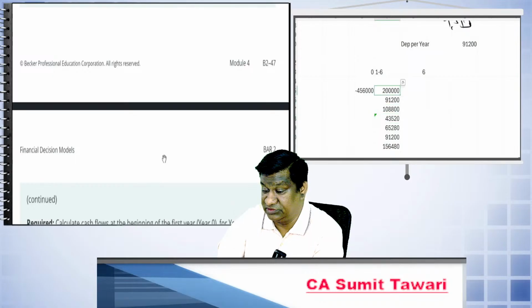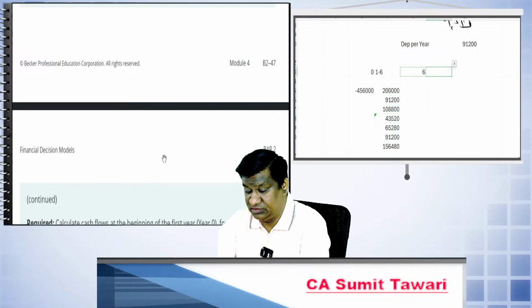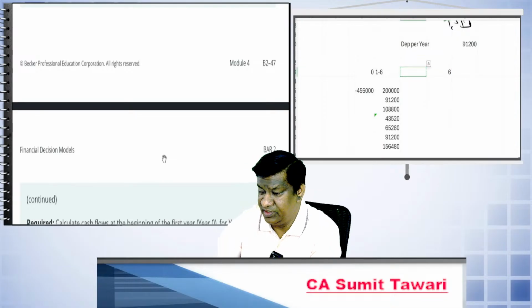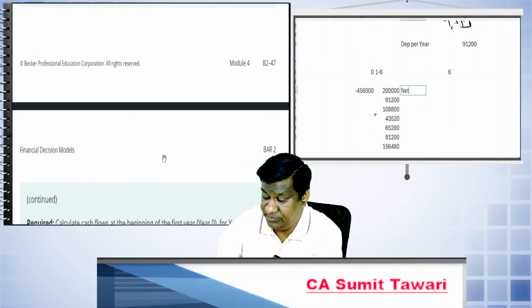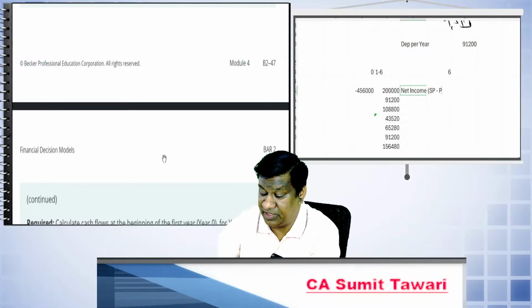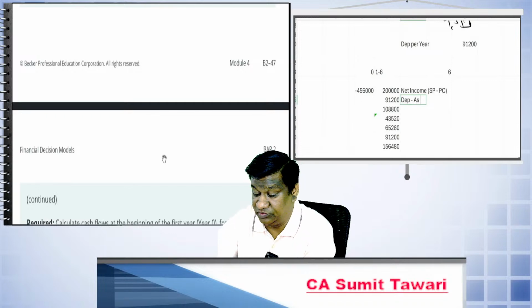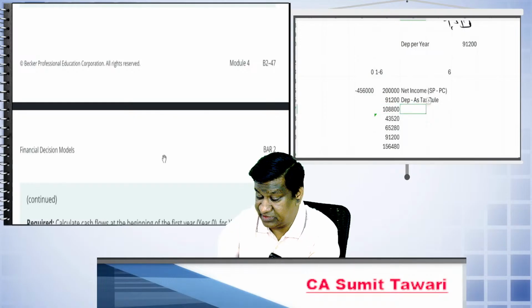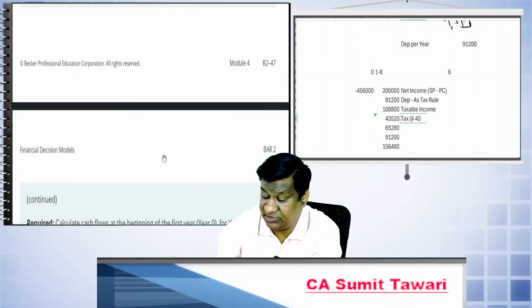I'll just write this down. This is my net income, like selling price minus prime cost. This is my depreciation that I consider as per tax rule. Then this is taxable income. This is my tax amount at the rate of 40%.